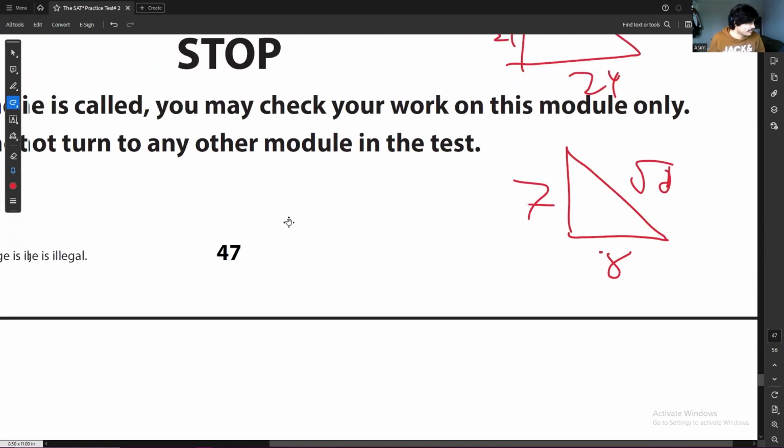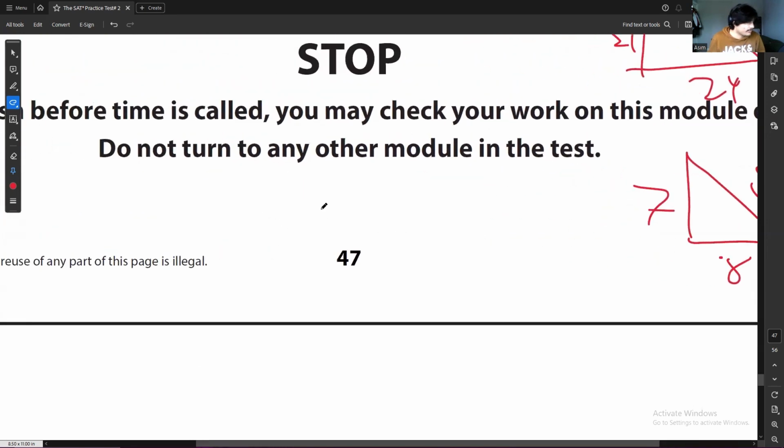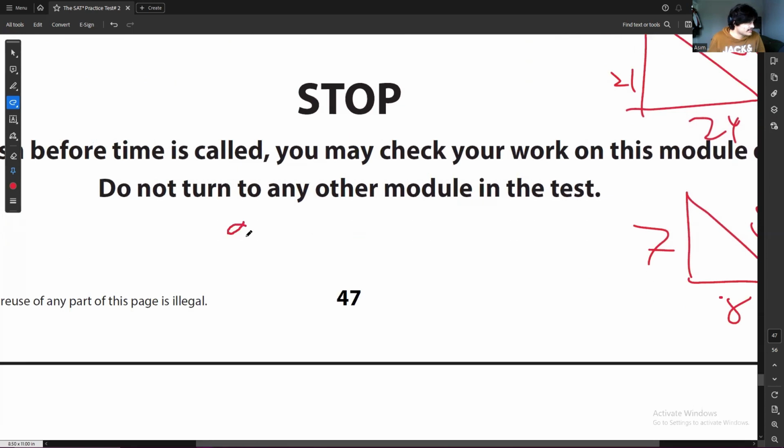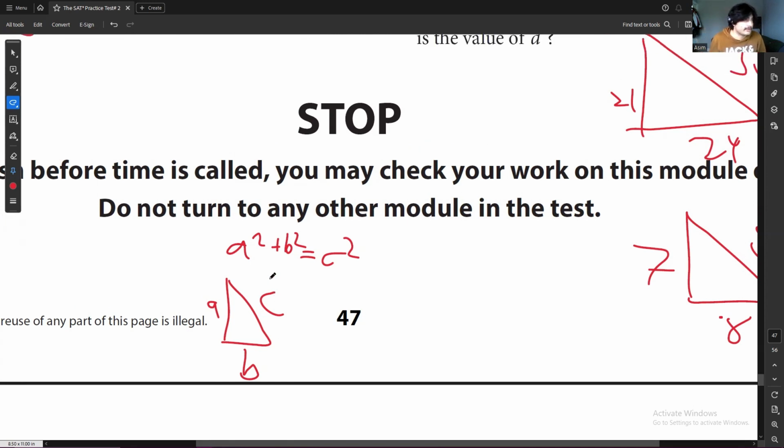So I have the Pythagorean theorem, which means that a squared plus b squared equals c squared in a right triangle. The sum of the squares of the legs is equal to the square of the hypotenuse, which is the longest side of a triangle.